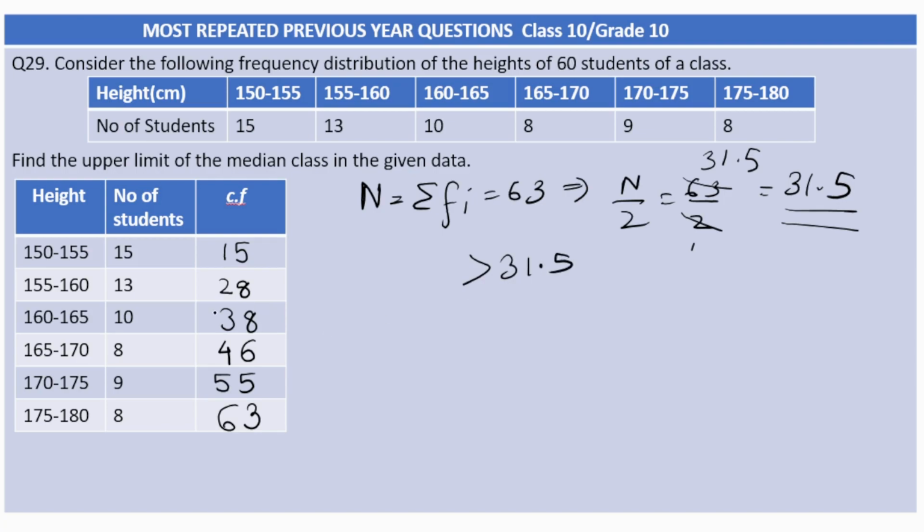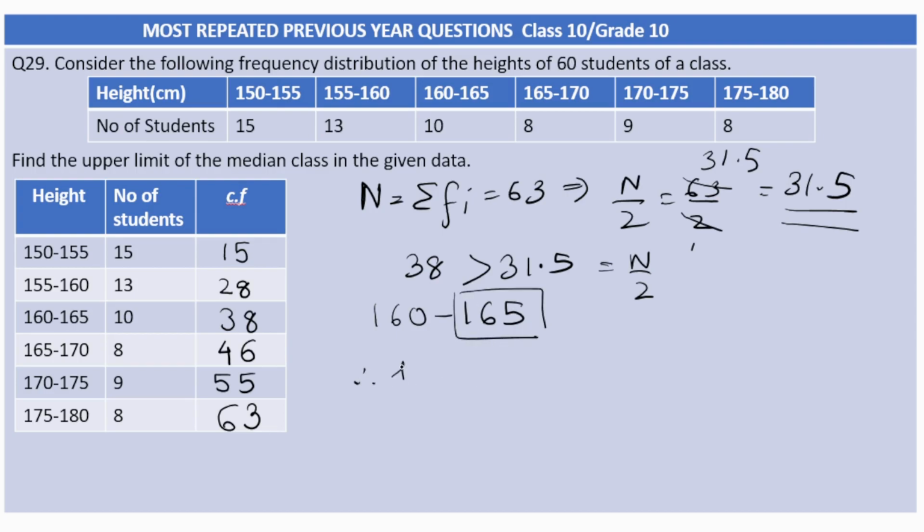That will be 38, right? It is the class which has cumulative frequency just greater than n by 2. Which class is that? The class is 160 to 165. And what is the upper limit of this class? The upper limit for this class is 165.